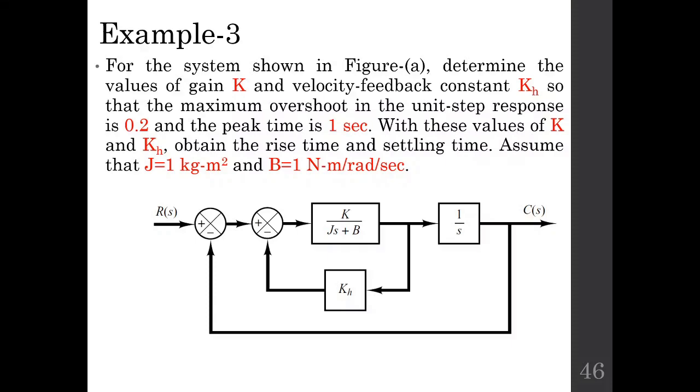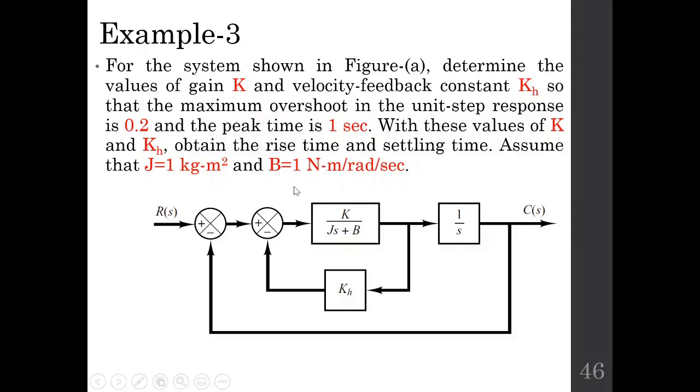So in this example, maximum overshoot is given to us and the peak time is also given to us. The next thing is J and B values, they are also given to us. So by using these four parameters, we need to find the rise time and the settling time and the values of K h and K. So first, we'll reduce this block diagram.